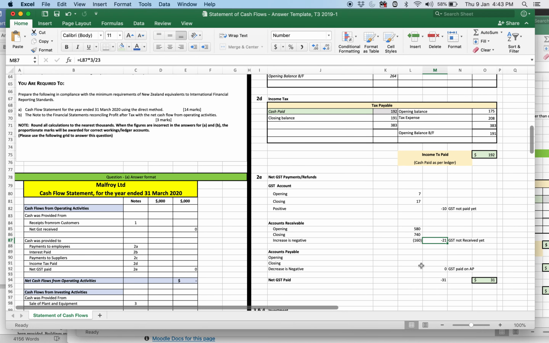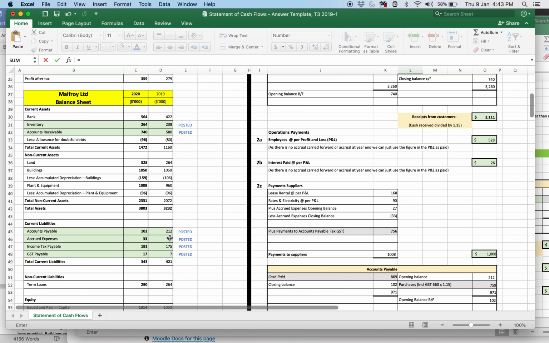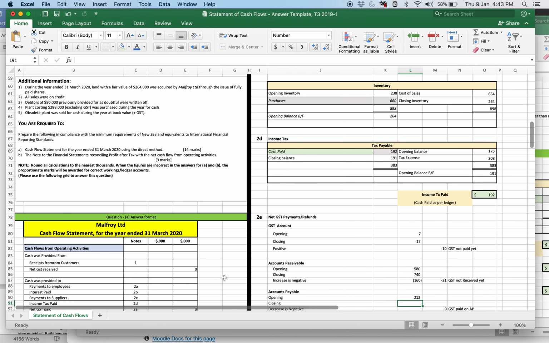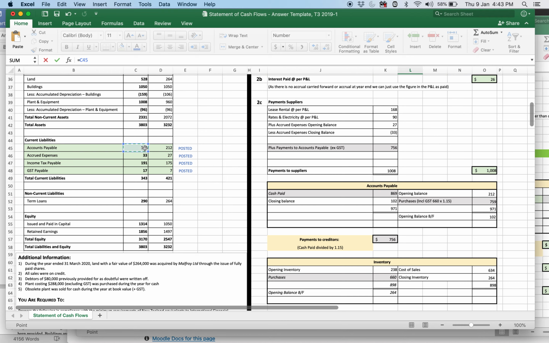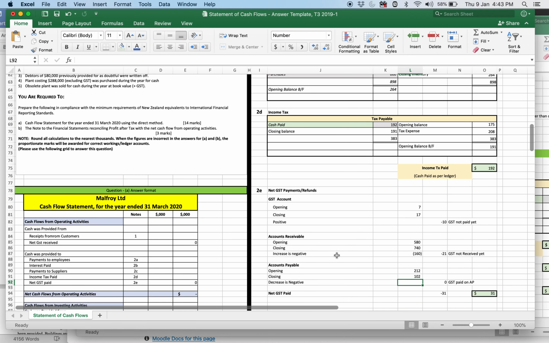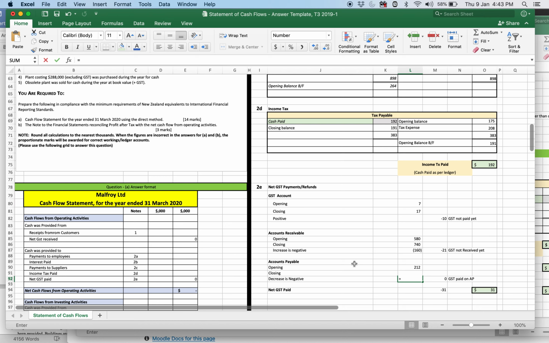Accounts payable, it's the same sort of setup here. What was the opening balance of accounts payable? Find that up here. Accounts payable is there. What was the closing balance? The closing balance 102. Okay, all right. So what's the movement?